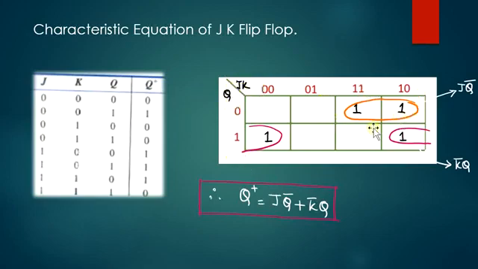I can form two groups by mapping the min terms onto the Karnaugh map, and I obtain the expressions JQ bar and K bar Q. So the final expression for the JK flip-flop will be JQ bar plus K bar Q.